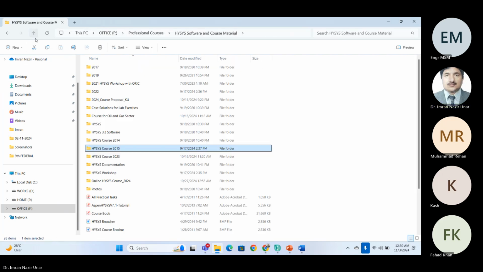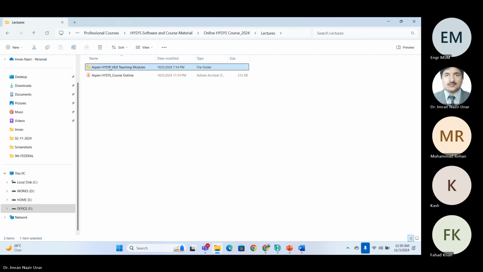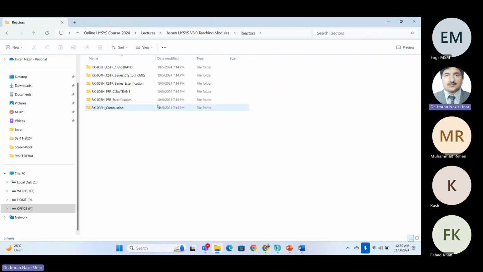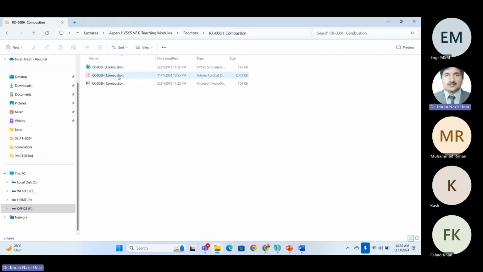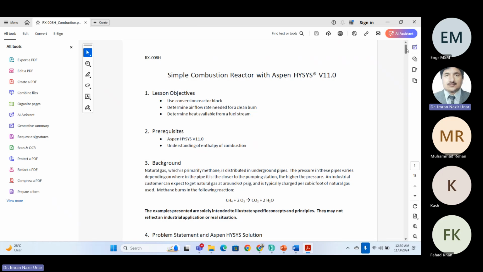Yes. Now I'm going to the task. What we have done here is the last combustion tutorial. This tutorial I haven't seen, but I know only methane combustion is defined in this tutorial.